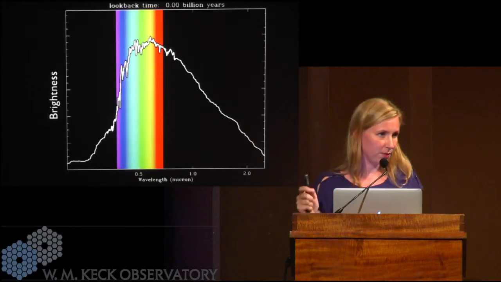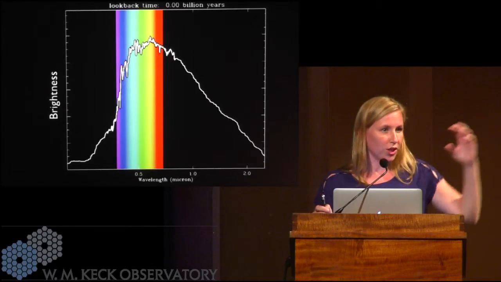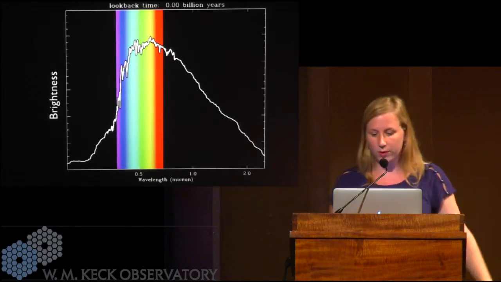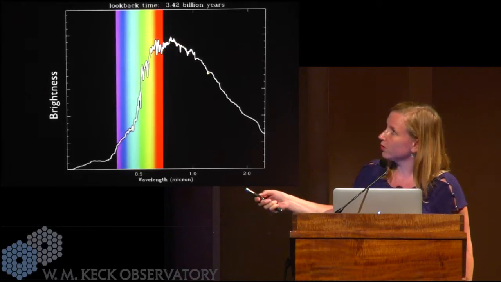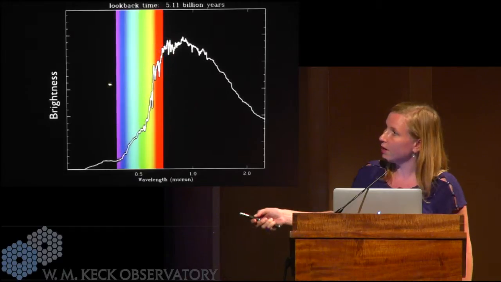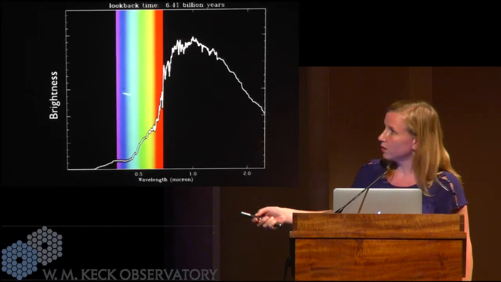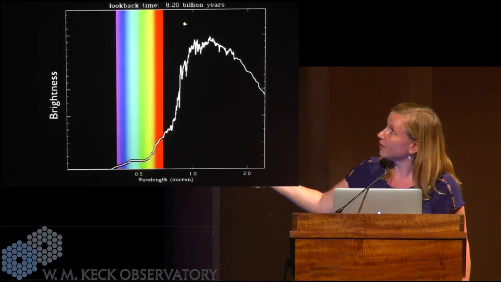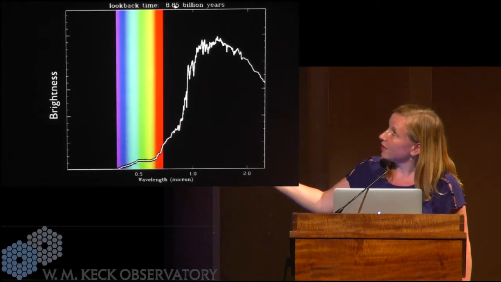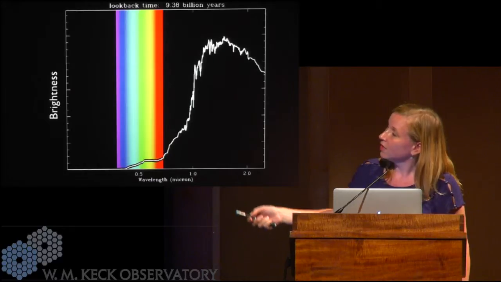But what happens if this galaxy would shift and be farther away? Well, this is what's happening. So the galaxy is shifting to farther distances, and you see it's moving out of our visible regime. We cannot observe it anymore once it's like 7 billion light years away. And here it's like 9 billion light years away.